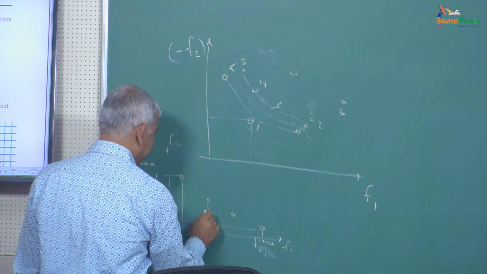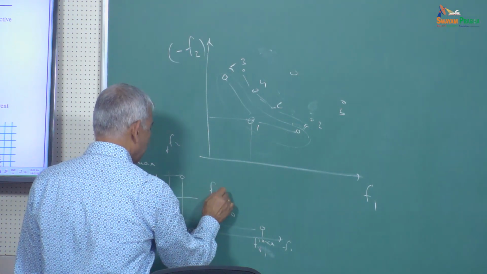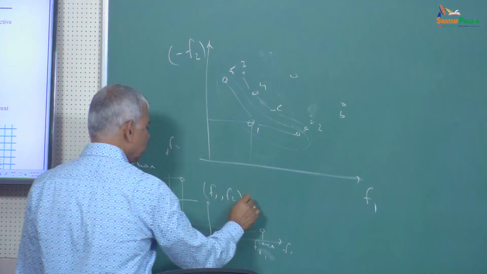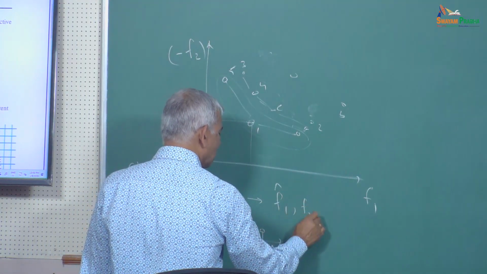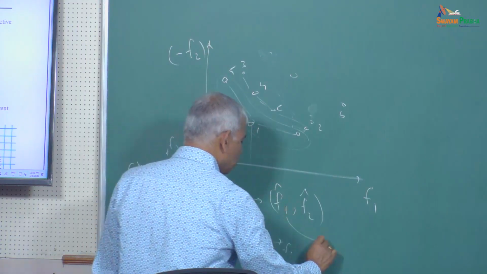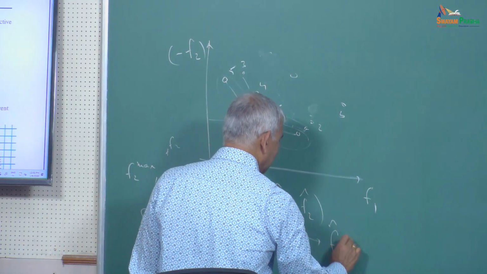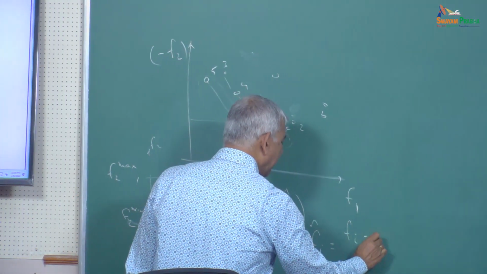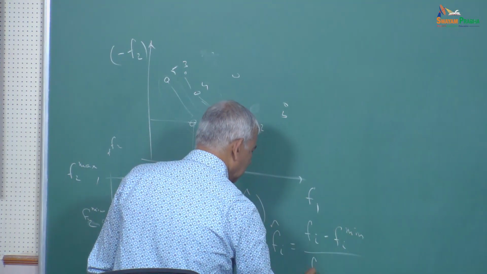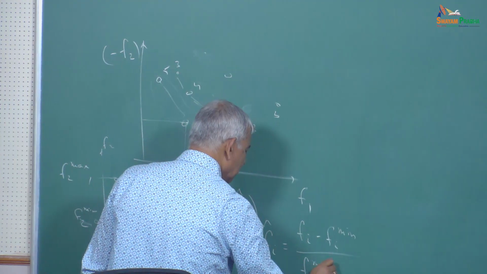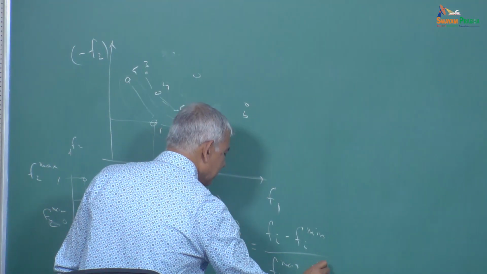Then any point with f1 comma f2 can be mapped to f1 hat comma f2 hat, and each fi hat will be fi minus fi min over fi max minus fi min.